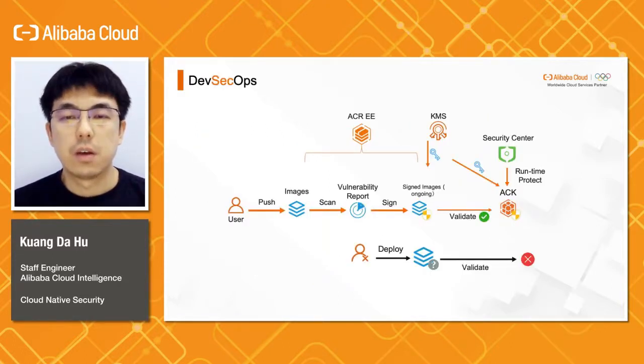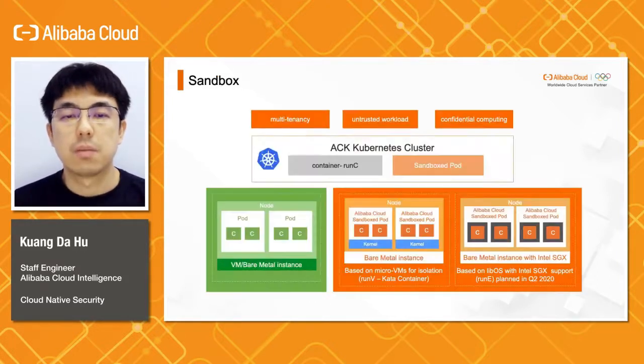Okay, for the DevSecOps scenario, in our container registry service, you can freely combine tasks such as image building, image security scanning, image synchronization, and image distribution in a single delivery chain. The cloud-native supply chain is fully observable and traceable.